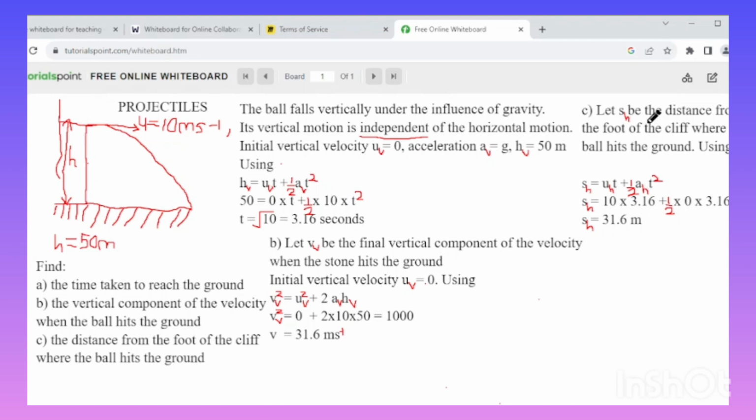Let s subscript h be the distance from the foot of the cliff where the ball hits the ground, using s is equal to ut plus half a t squared.